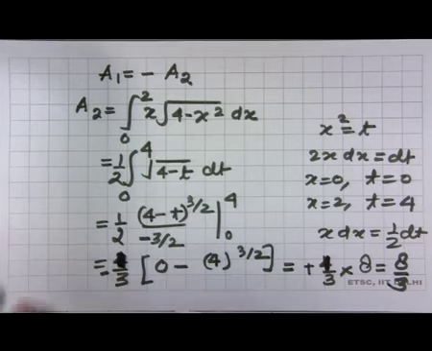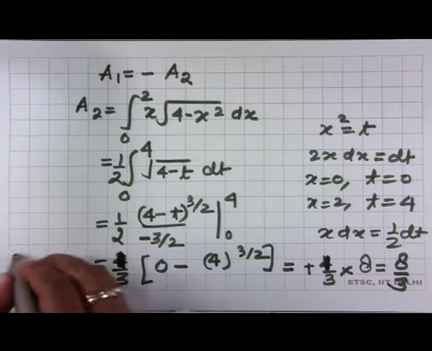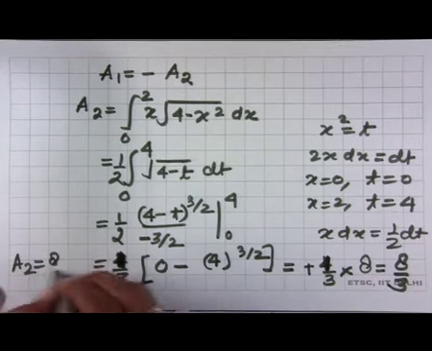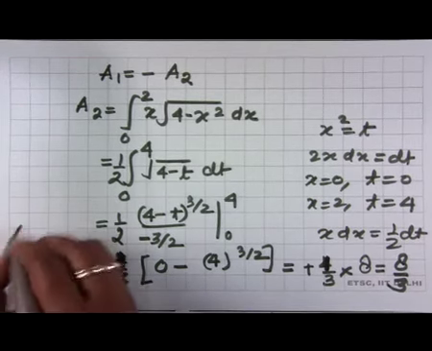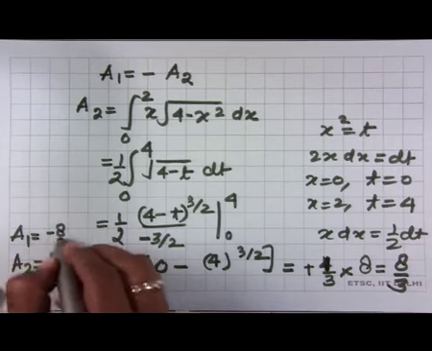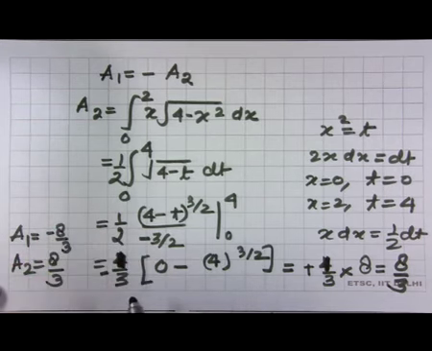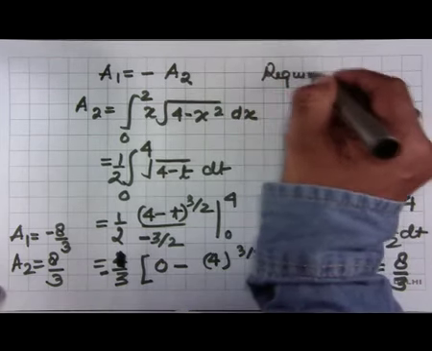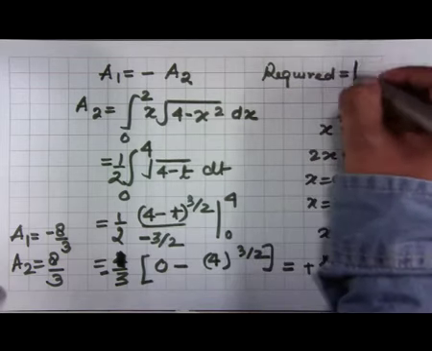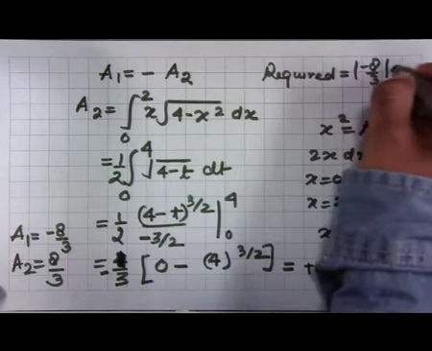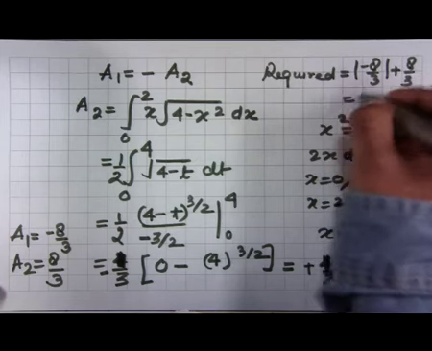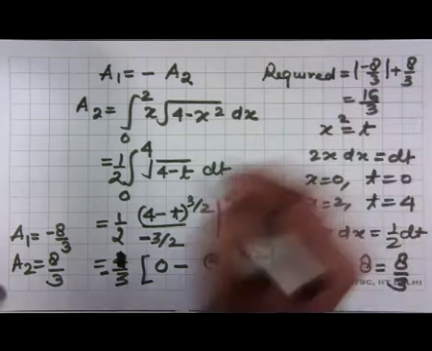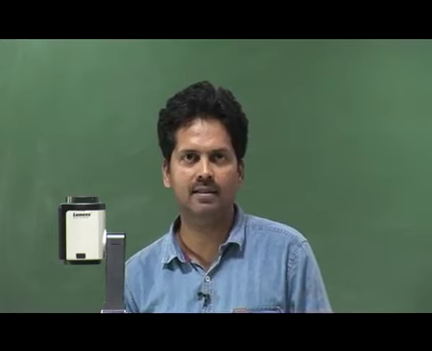So A2 is 8 by 3, and A1 will be minus 8 by 3 because the function is odd. So total area required is 16 by 3.